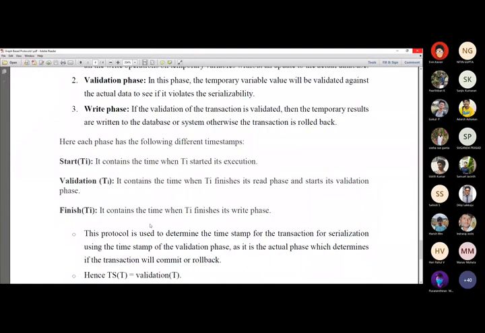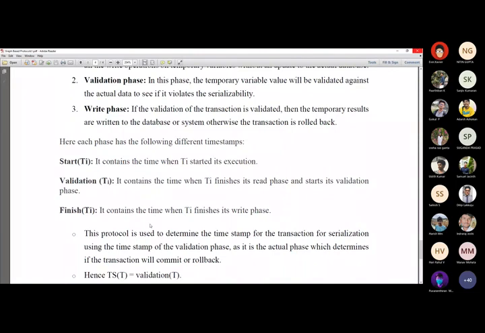Whenever some variables have to be updated, initially they are read. In the validation phase, you check whether the new values of the variables affect serializability. If they do, and there would be some deadlock or concurrent access anomaly, you roll back to the old values.